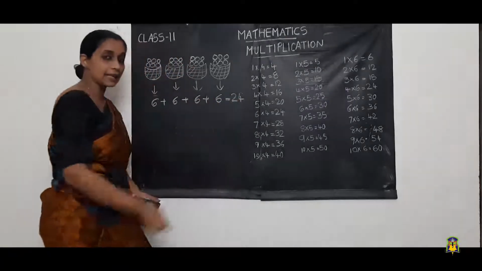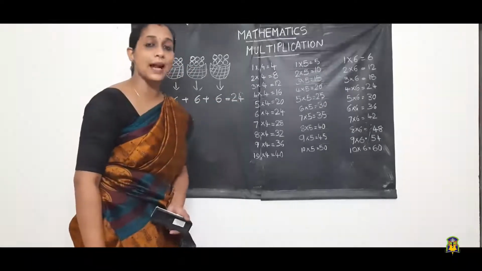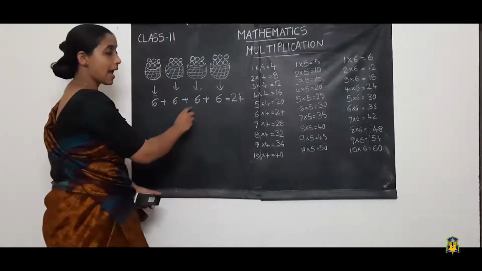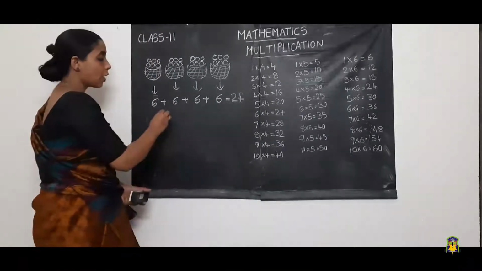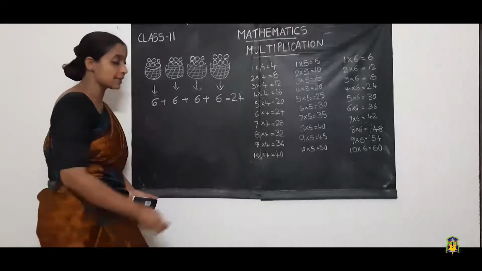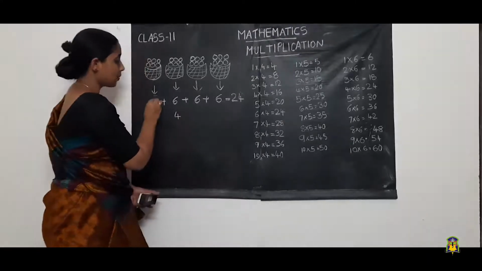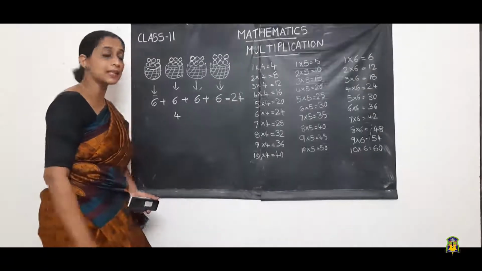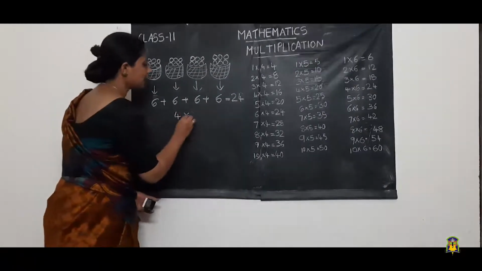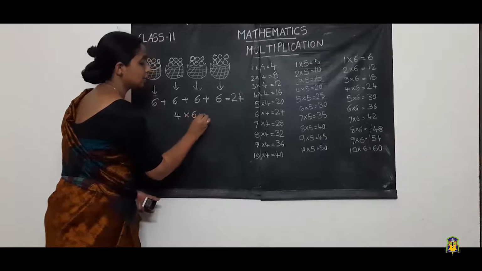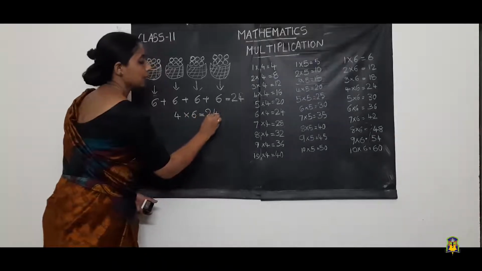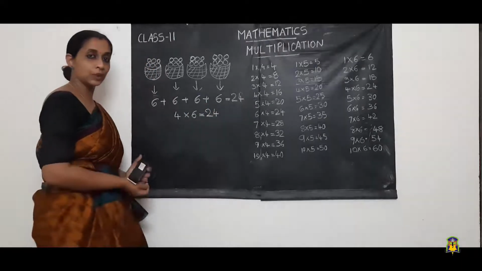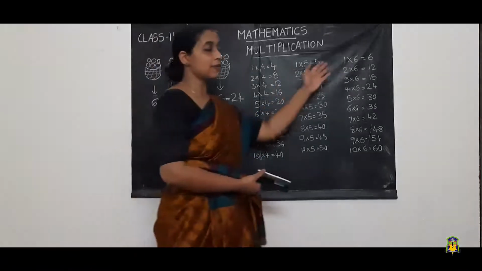I am saying like this because you know how to add numbers. You have to add and see. Okay. So how many times we have repeated 6? 4 times. See 1, 2, 3, 4. We have repeated 6 how many times? 4 times 6 is equal to 24. Okay.